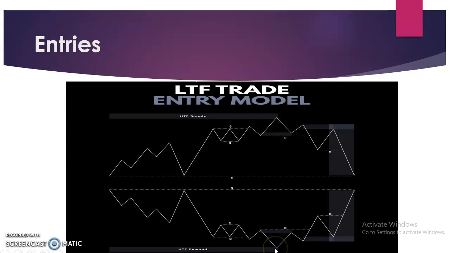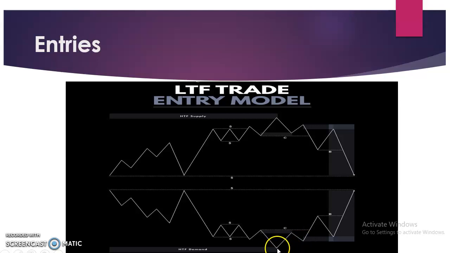So when it hits that particular zone, you switch to your lower time frame. When price came into this zone, there was some sort of up movement, some sort of rally, and price retraced again.